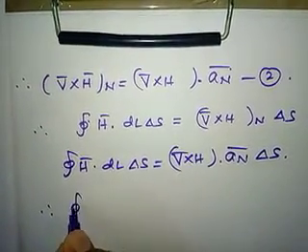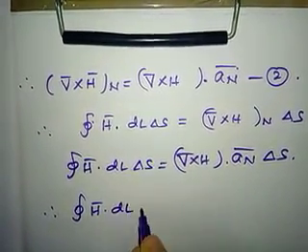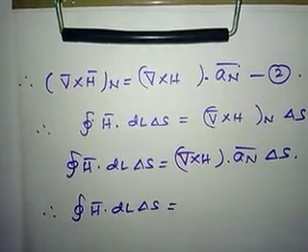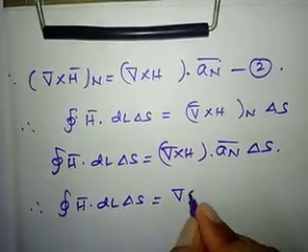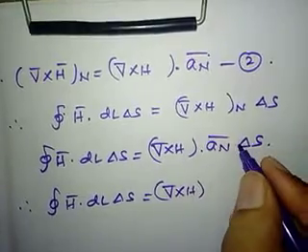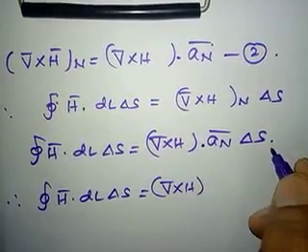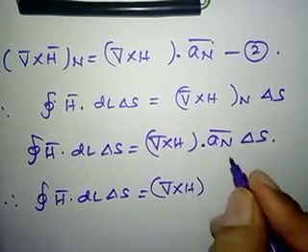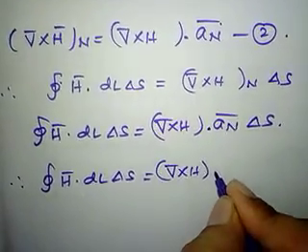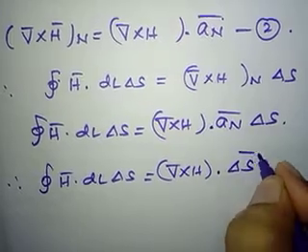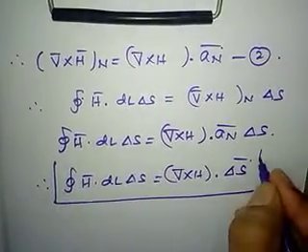Since it is a unit vector, this is del cross h dot delta s bar. So this is our equation.